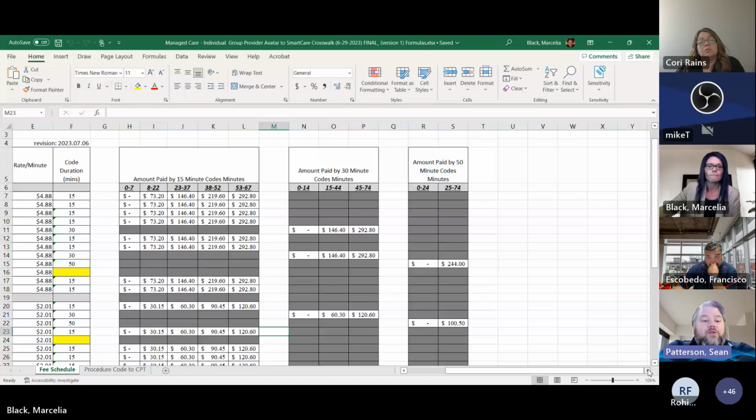So hopefully not too complicated, but that's how you would round and where those whole units would land. And again, the final calculation is actually done in SmartCare, so you don't have to worry about all those different CPT codes and everything, like Kathy said. You're just going to do that one line.